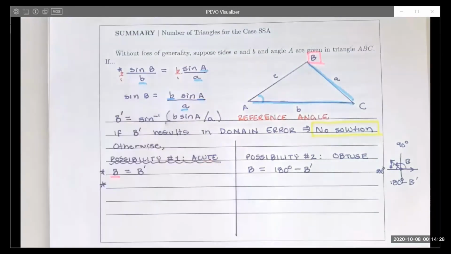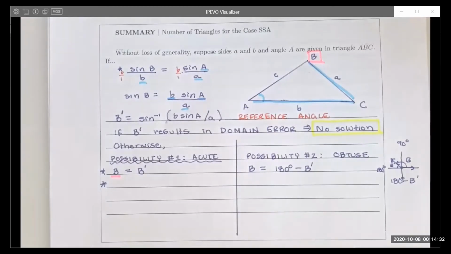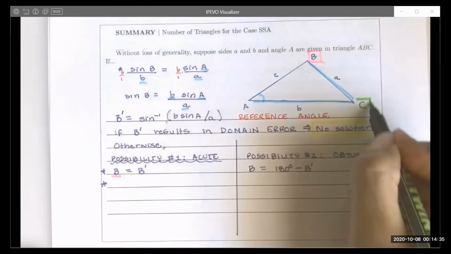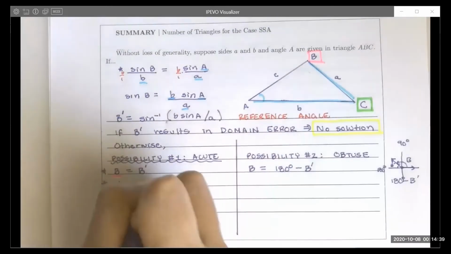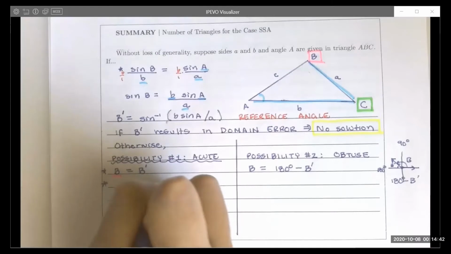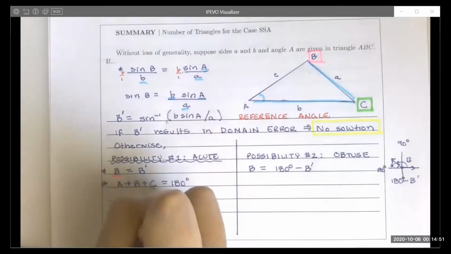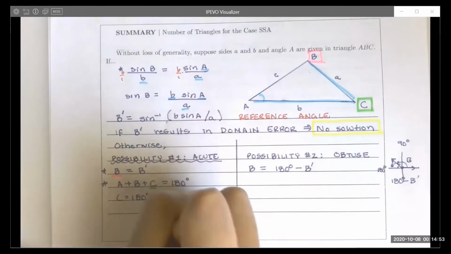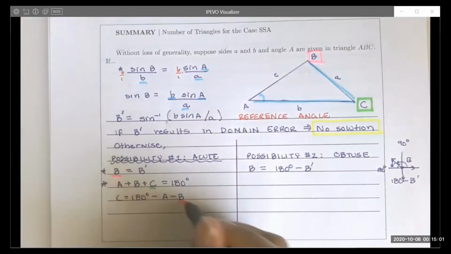We would know B. We were given A, we would just be missing C. Okay, so at that point we could calculate C by using the triangle angle sum theorem, meaning the sum of the three angles is 180. So then solving for C would give us C is equal to 180 minus A minus B, where A is the given and B is the angle we just found.